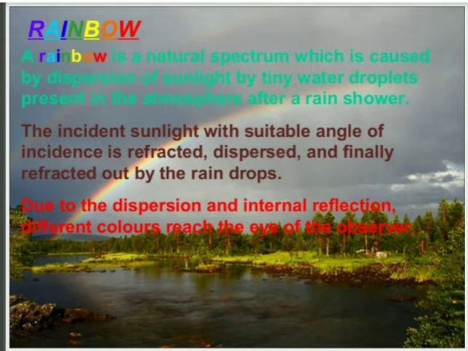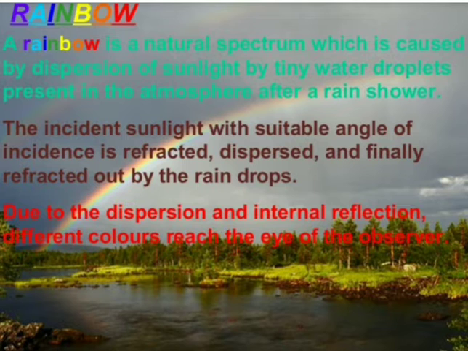So in a rainbow, the water droplets act as a prism. Whenever sunlight falls on it, it starts dispersing the white light into 7 different colors. Or we can say that the incident sunlight with a suitable angle of incidence is refracted.